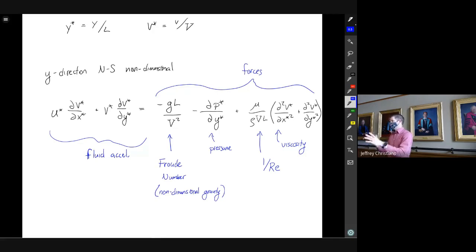If gravity is working the same, and the viscosity effects are working the same, then the physics of our real system and our model system will match. Something that happens 50% of the way down our model is going to happen 50% of the way down our real thing. We'll be able to take information that we get on our model system about drag or some other effect and translate that directly into our full-size system.